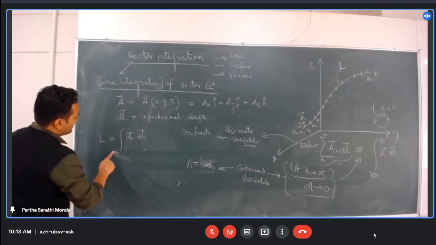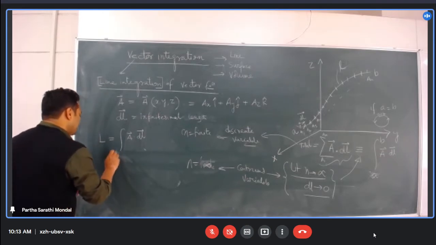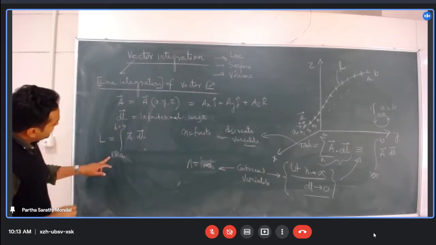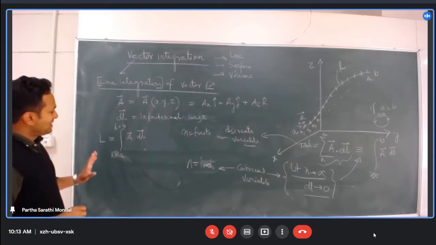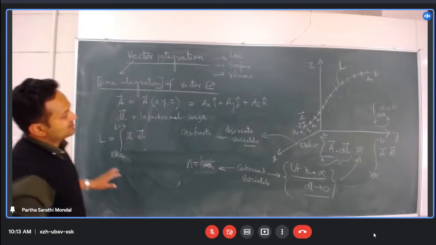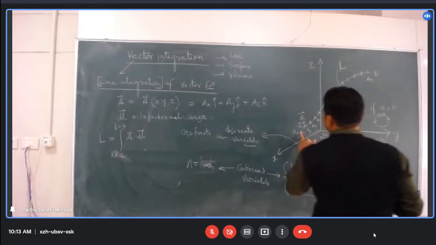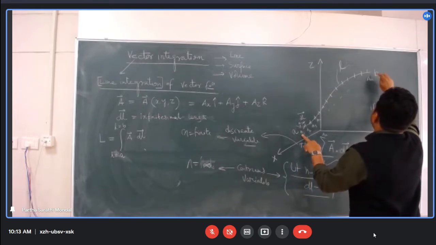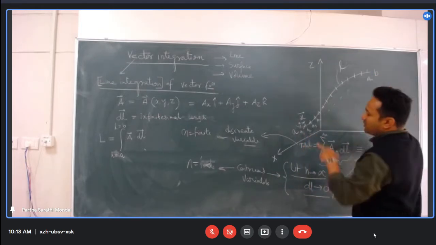So L, you can put the L equal to A to L equal to B. I'm not saying that this is X or this is Y, okay? It depends on the path. The value of the path at A equal to A1 point and at B equal to N point.